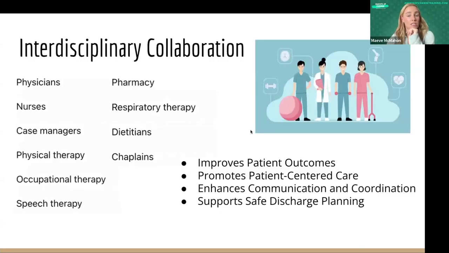This is a great example of interdisciplinary collaboration. None of that could happen without all of us working together in our disciplines. So physicians, nurses, case managers, all of us come together to support a safe discharge plan, and having really great communication is vital in these situations.